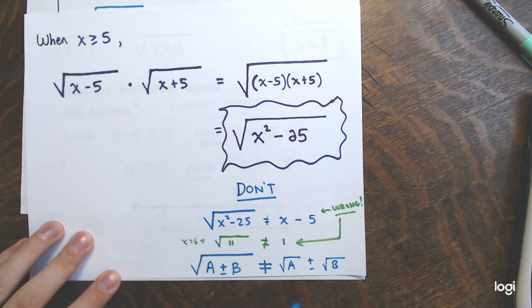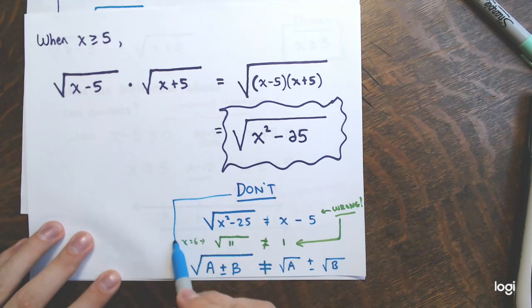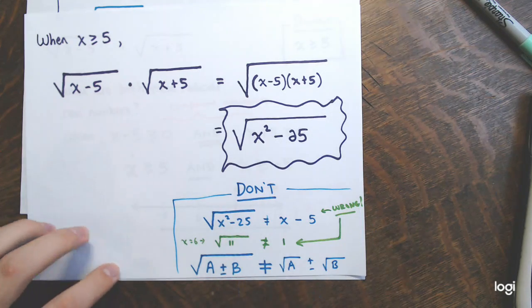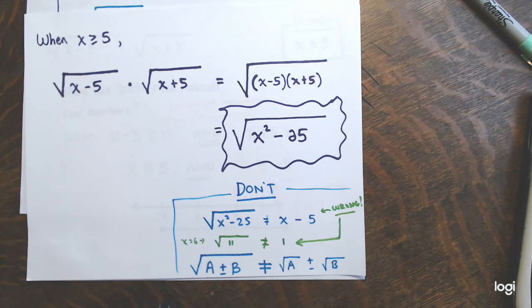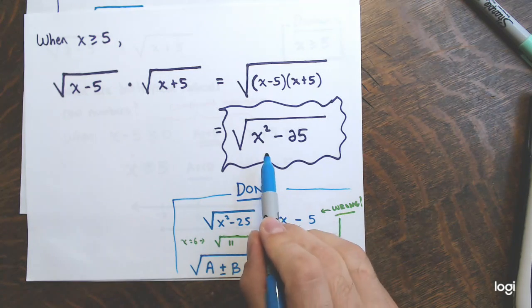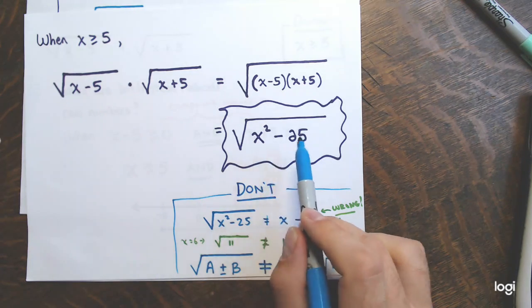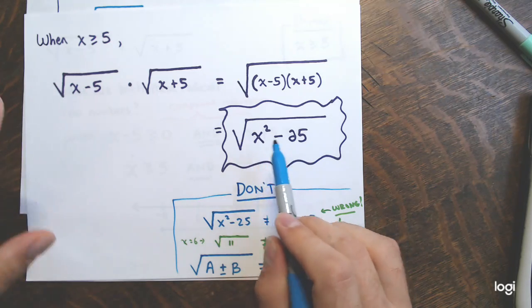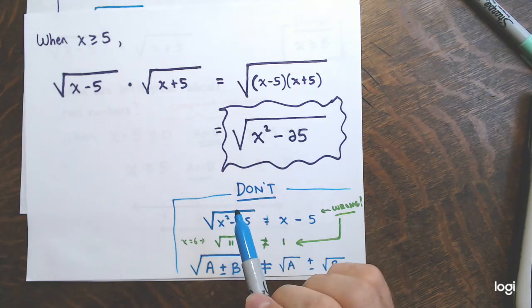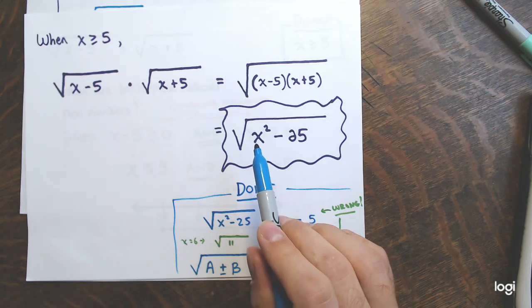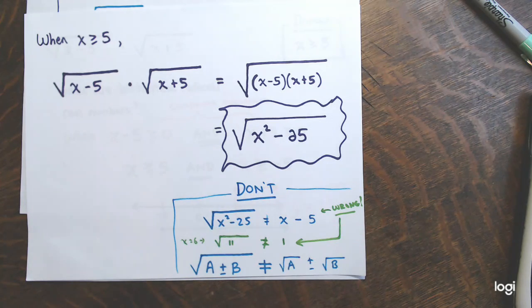You don't just split up the terms. This is all wrong. Everything I put down in this box here, I don't want you to do. So this square root of x squared minus 25 as the radicand, that's the way it's going to stay. You don't split them up. You don't take the square root of each term separately.